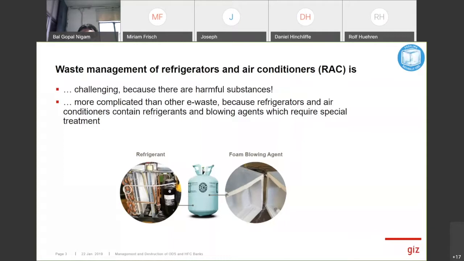One distinctive aspect is their refrigerants and foam blowing agents, which are responsible for the cooling effect of these devices, but also have an environmental effect, because if they're not natural refrigerants, so hydrocarbons, ammonia, or CO2, they contribute to ozone depletion and or have a global warming potential.